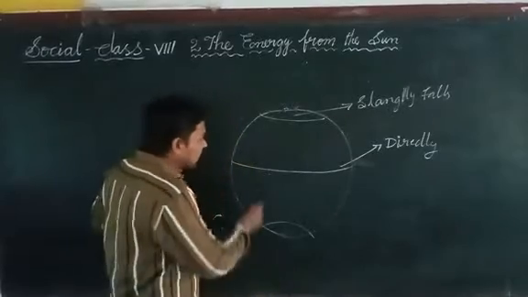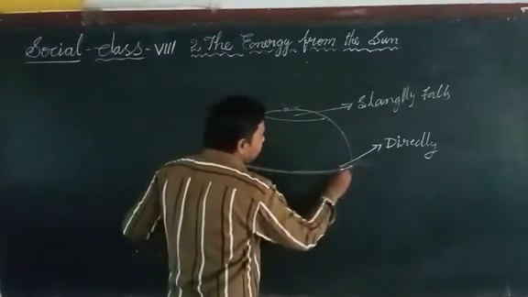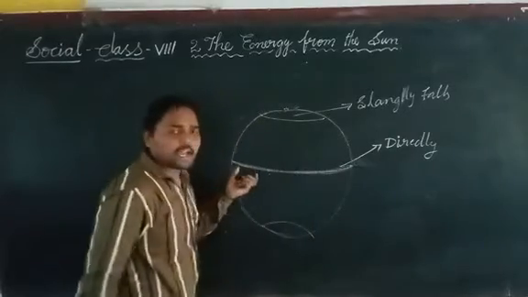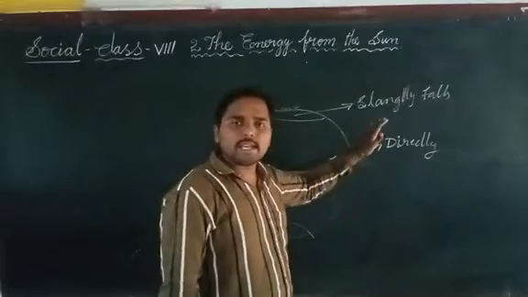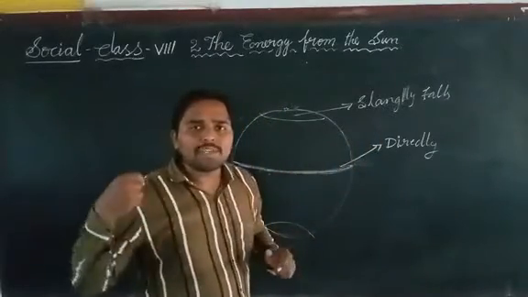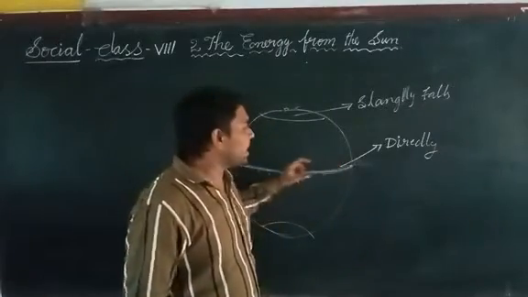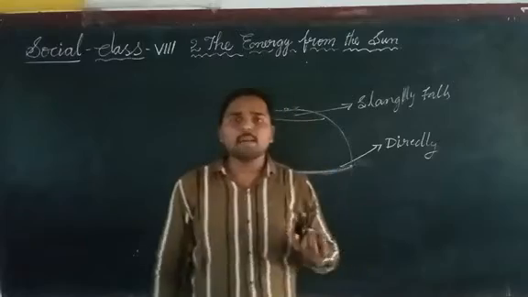And the countries which the equator passes through have very high temperature. Why? Because the sun rays directly fall on this equatorial region. That's why the countries passing through the equatorial region have very high temperatures, like Singapore.